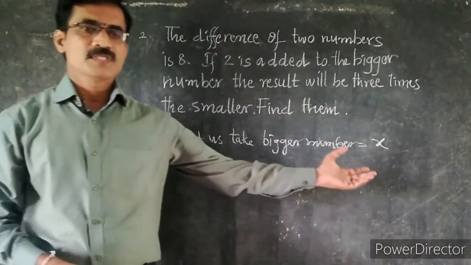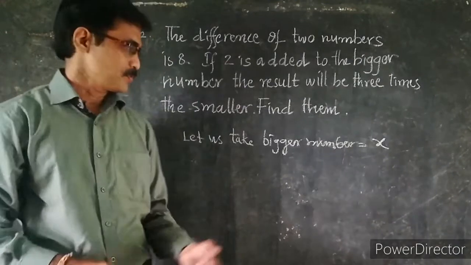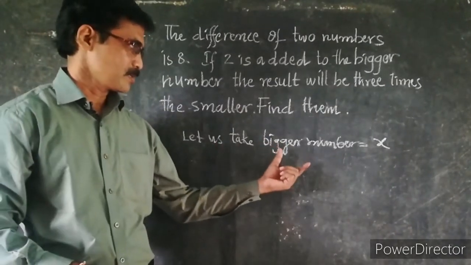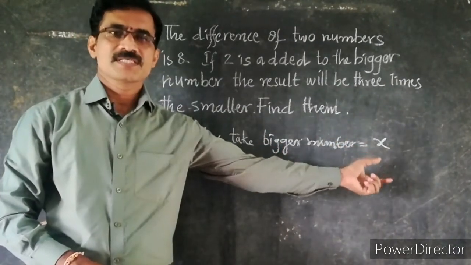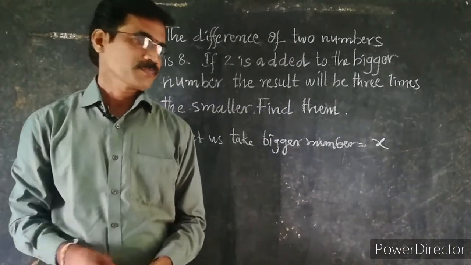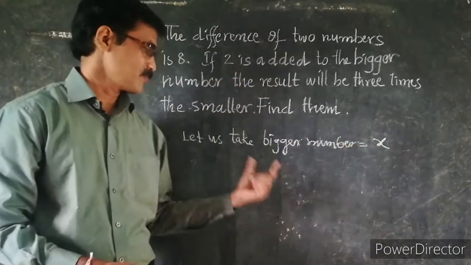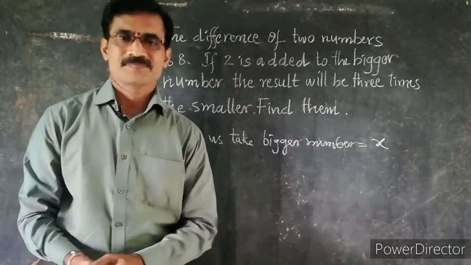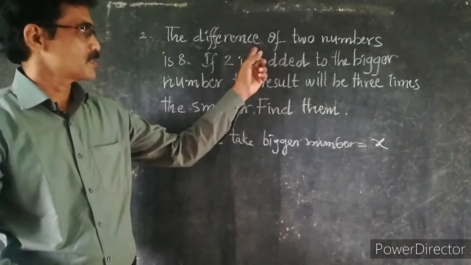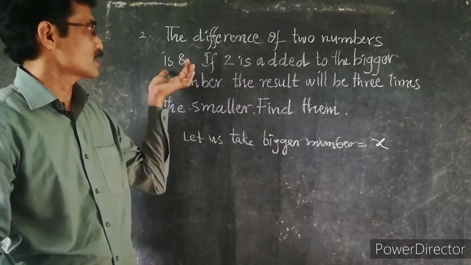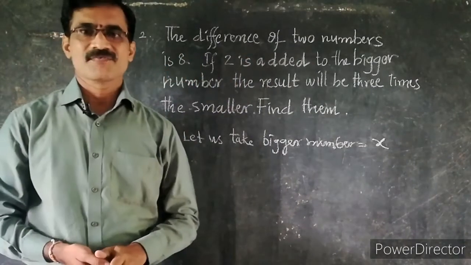So this is a variable. If you don't know the value of any number, you assume it as x. So the bigger number is x. Then what will be the smaller number? What is the relationship between the bigger number and the smaller number? The difference is 8, it is given.